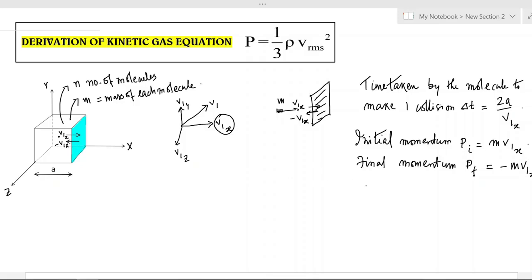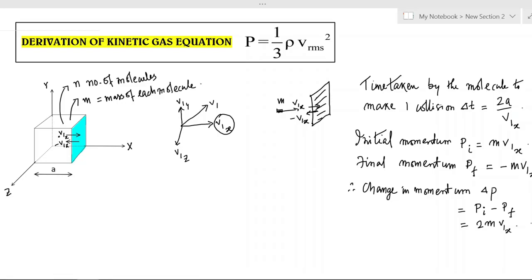So how much is the change in momentum? Change in momentum, that is delta p, is equal to pi minus pf, initial value of momentum minus final value of momentum, that is 2 into m v1x, right?